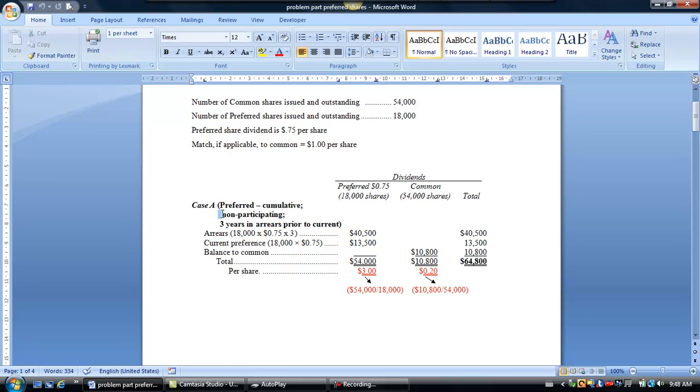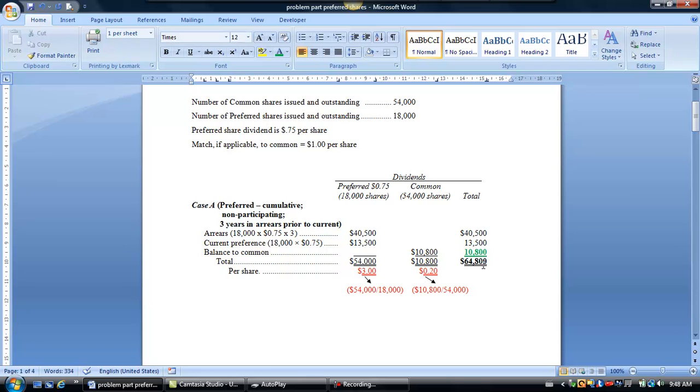Now, in the current year, who's going to get what? Well, they're non-participating, so you don't need to worry about the match here. All you know is that the preferred are going to get 75 cents a share, which is 13,500. So if we're paying out 64,800 in total, then so far we would have allocated 54,000, which means the last 10,800 is going to be allocated to our common shareholders because they are the residual shareholders.